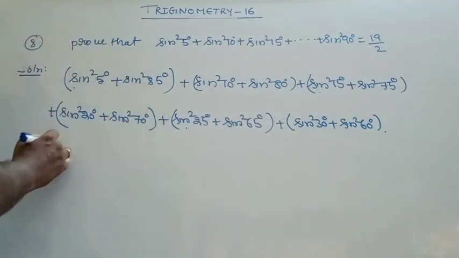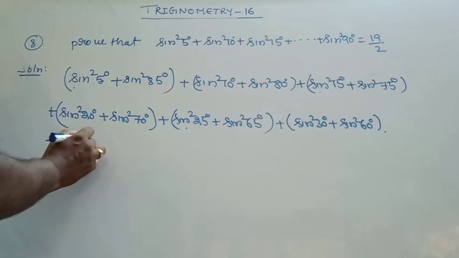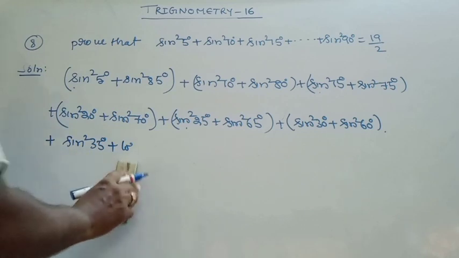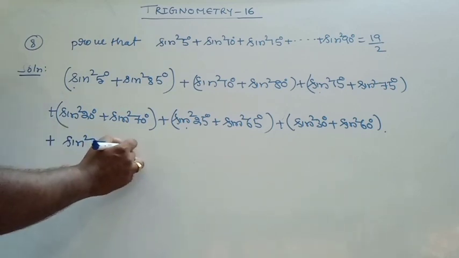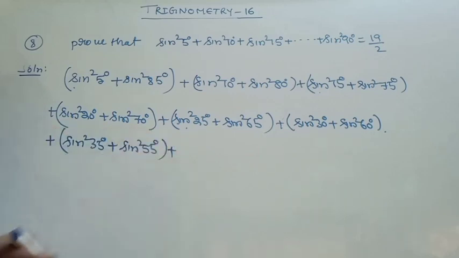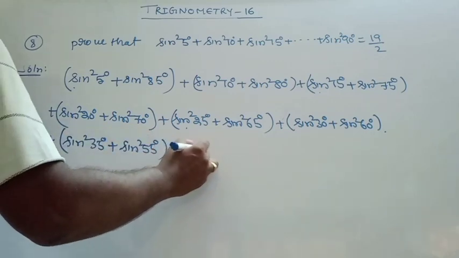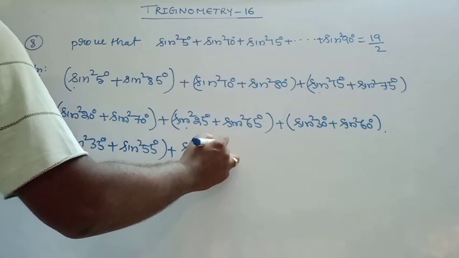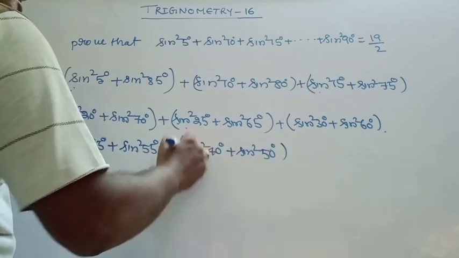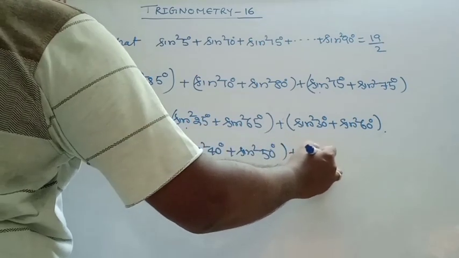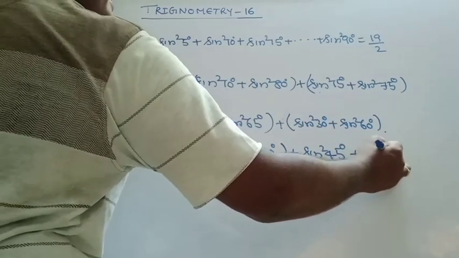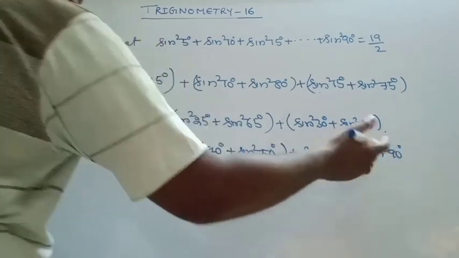Next, sin² 35° plus sin² 55° is another pair, and then sin² 40° plus sin² 50°. Which ones are left are only sin² 45° alone and sin² 90°, and these both have values.